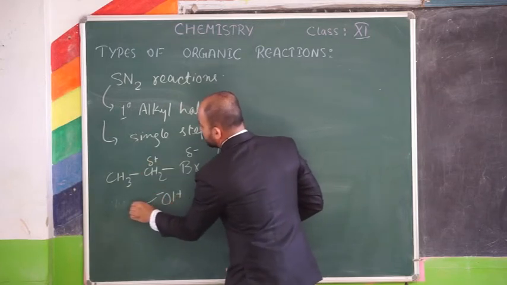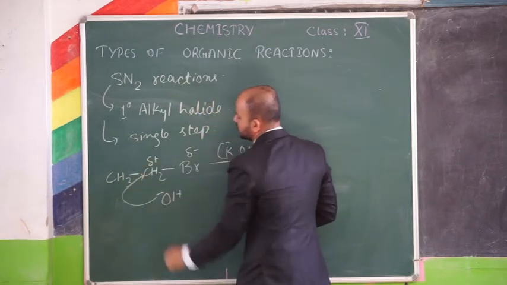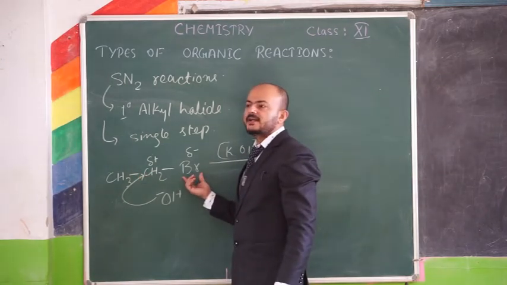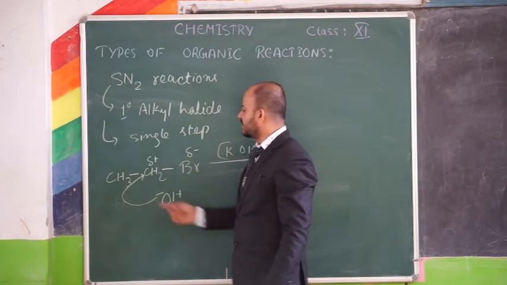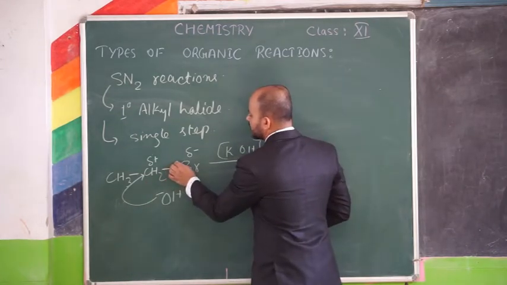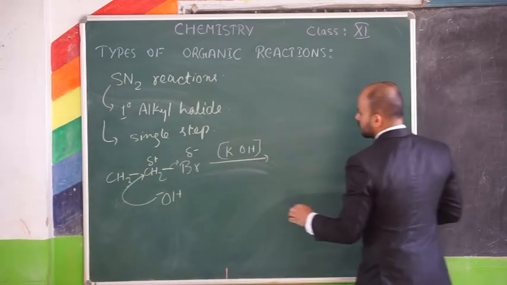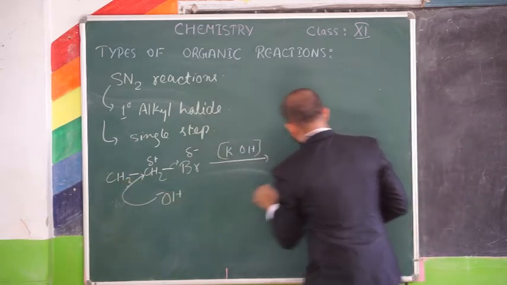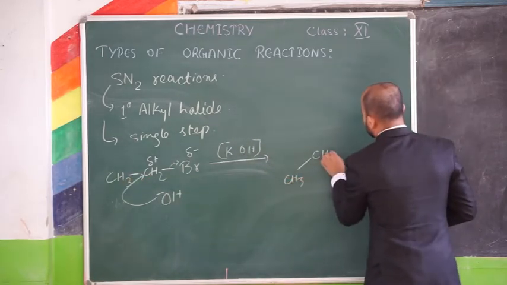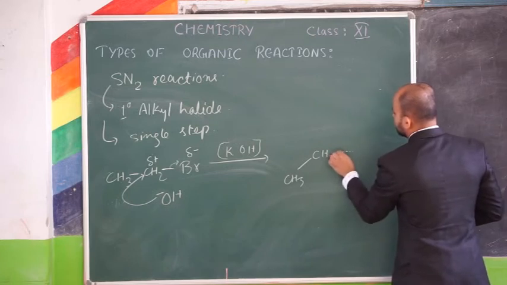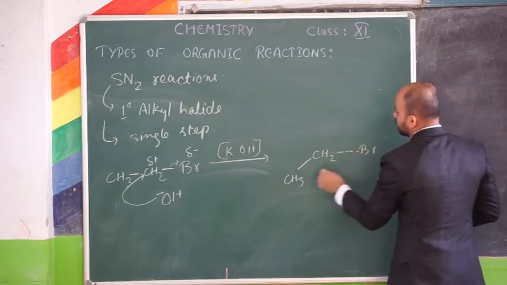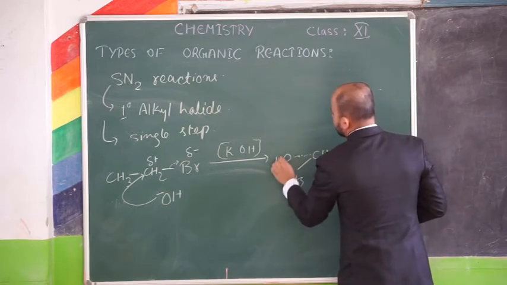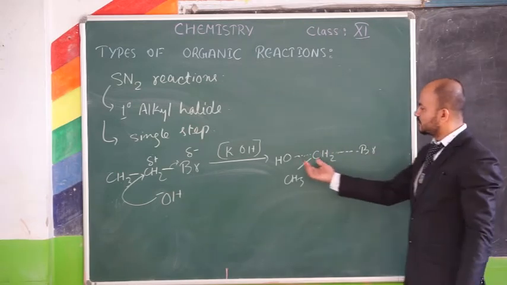Now this OH minus nucleophile will approach this carbon center from 180 degrees behind the Br. So once it is approaching, then this bond will try to break. So in between, you have CH3CH2, and the bond between carbon and Br is in the process of being broken, and the bond between OH and C is in the process of being formed.